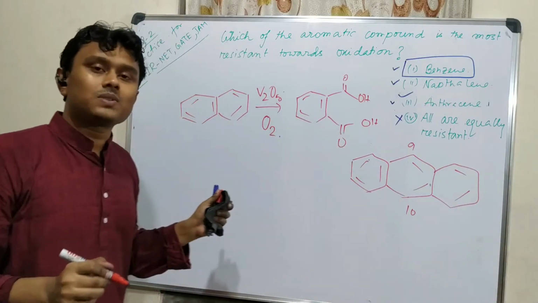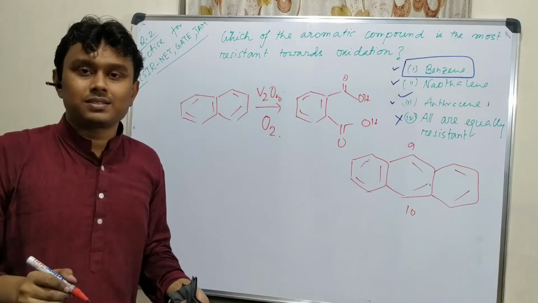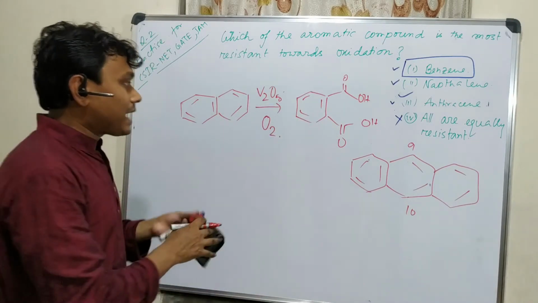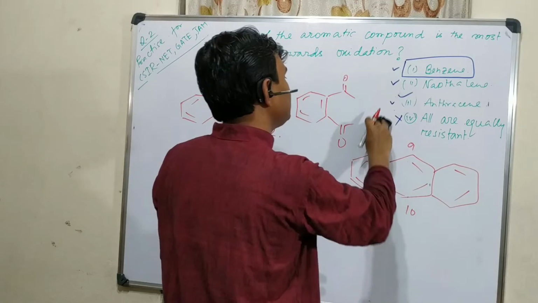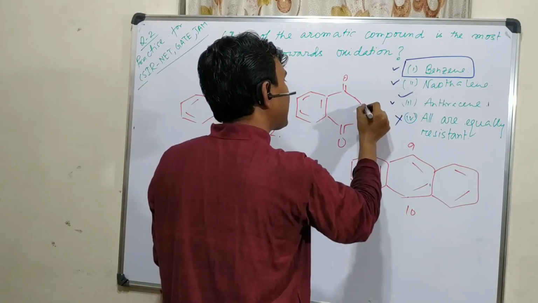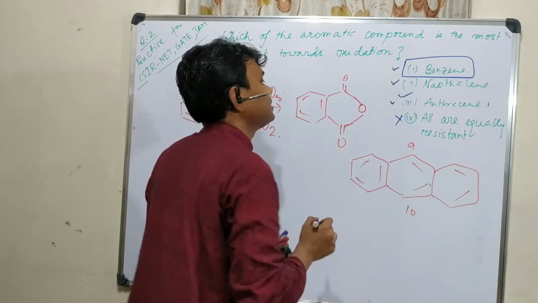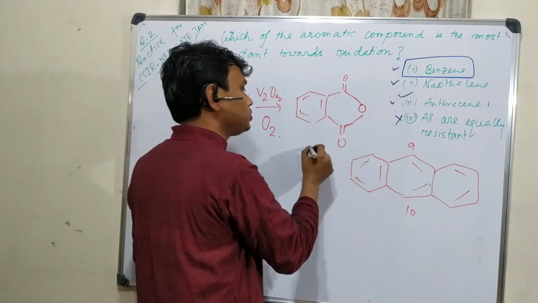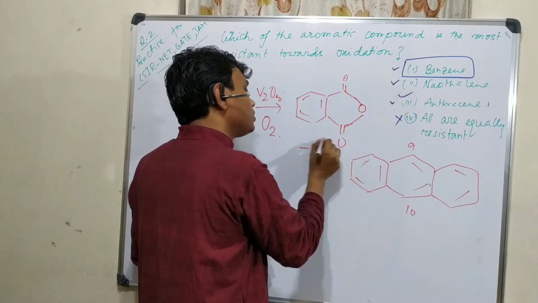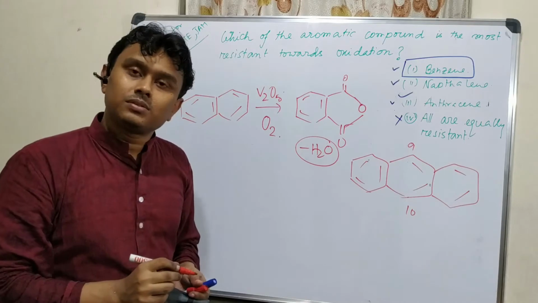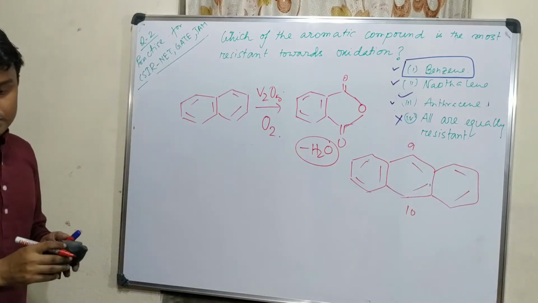This is the proof of the concept that one ring is oxidized. Actually the product is not phthalic acid but phthalic anhydride, because when the two acid groups are close together, it eliminates water to form this anhydride.